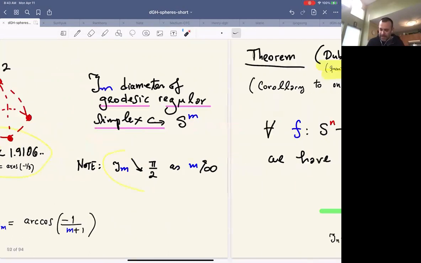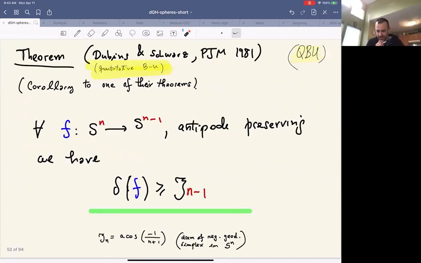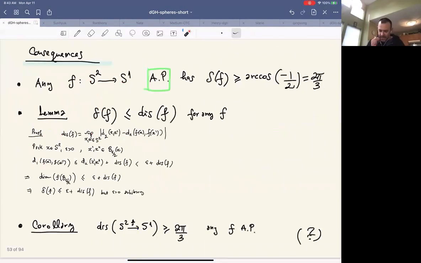Okay, so that's what Dubins and Schwartz proved, and I think one possible name for this sort of theorem is a quantitative Borsuk-Ulam. As soon as we understood that statement, we also understood that the following is true: the distortion of any map between S2 and S1 is lower bounded by the modulus of discontinuity of that map.